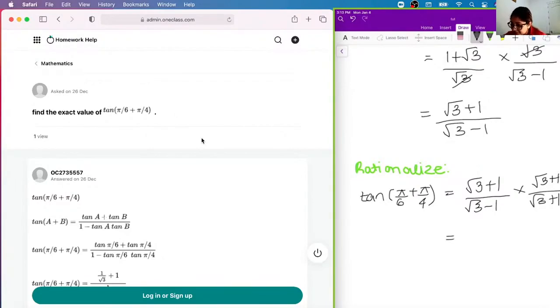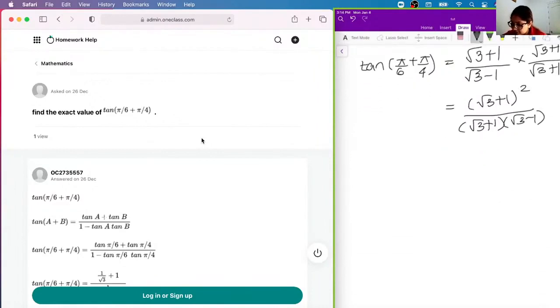And what we get here is root 3 plus 1 squared on top, and on the bottom, root 3 plus 1 times root 3 minus 1.